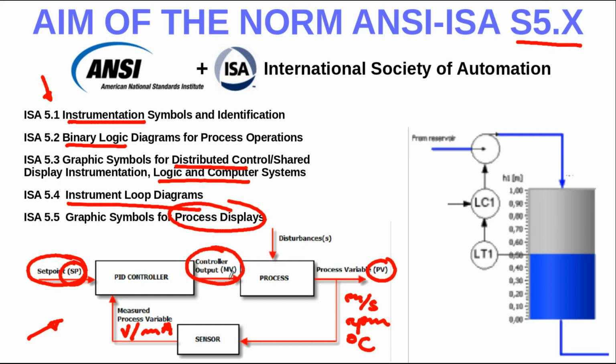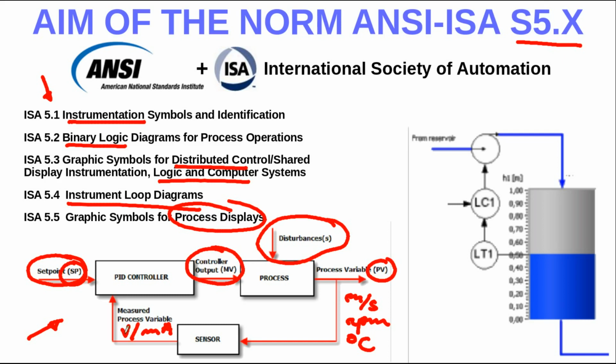When I say the optimum output of the process, I mean that this manipulated variable, this controller output, will make this process variable behave like the set point, like our reference signal. All of this under external disturbances. As you can see here, these disturbances may affect the behavior of our process, the performance of the loop.